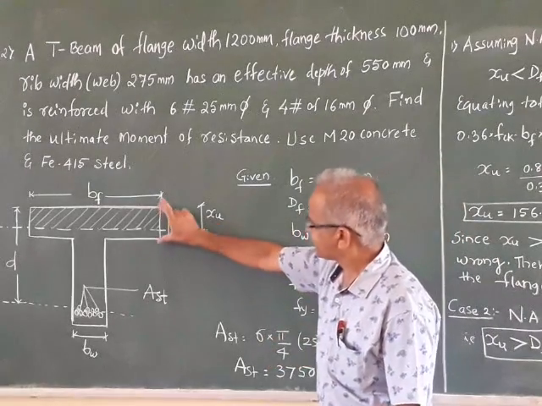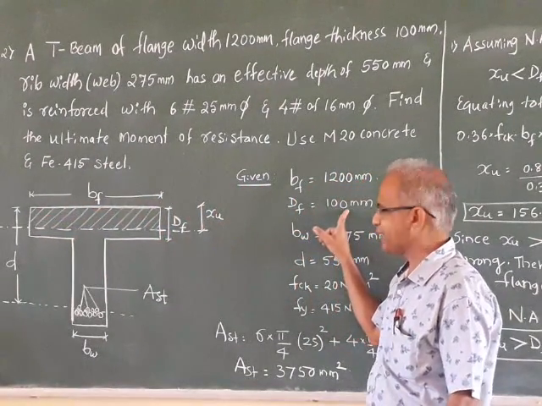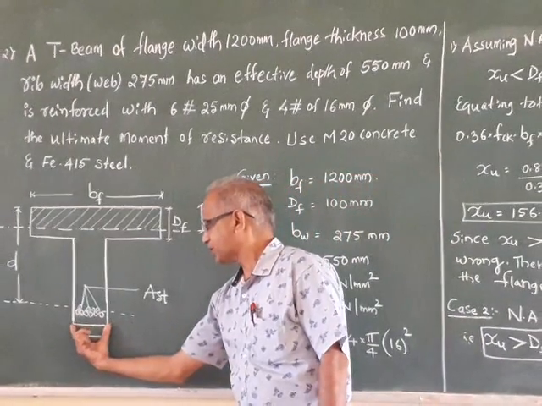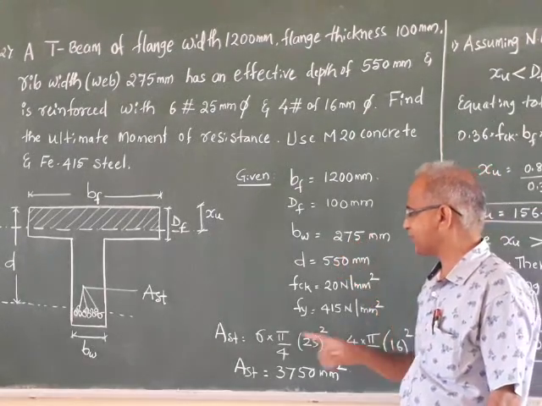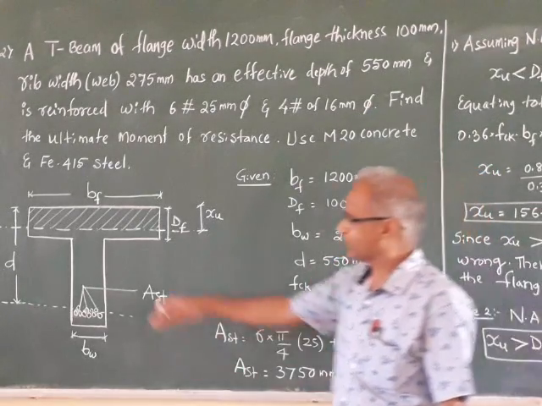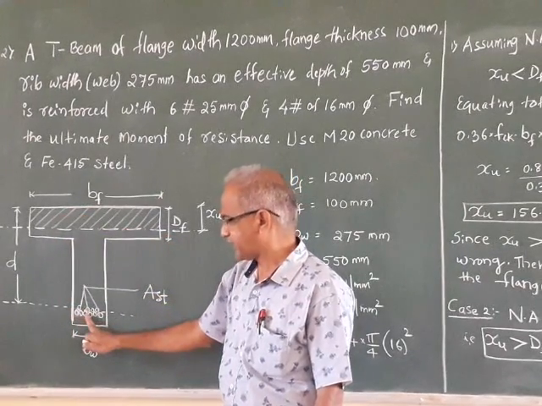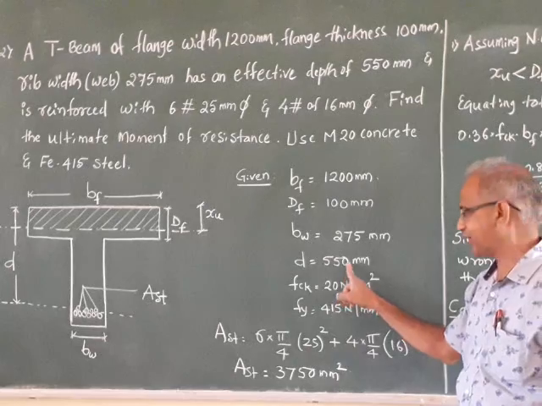Then depth of flange will be 100 mm. Then width of web or rib is equal to 275 mm. Then effective depth will be from the top of flange to the center of reinforcement, so the small d is equal to 550 mm.